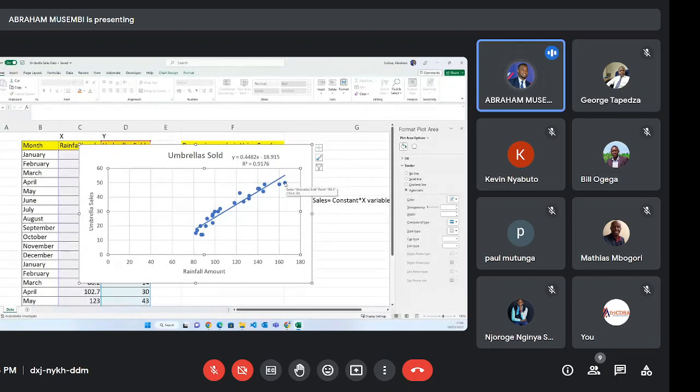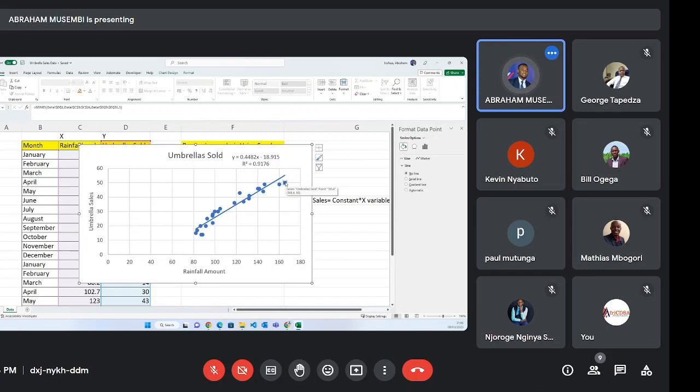Remember that is our float data. Floats are basically decimals, so we have decimals on the rainfall amount, and whole numbers for umbrella sales. You can see the maximum amount of rainfall and the coordinates there.